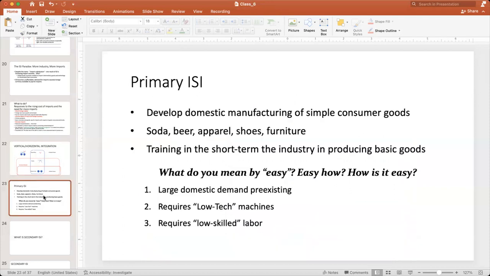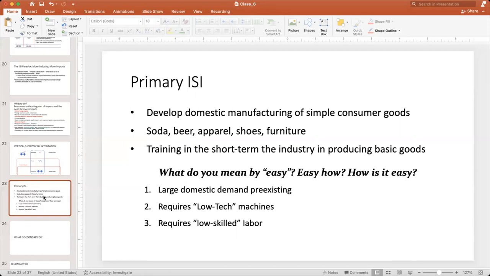So this is primary ISI: develop domestic manufacturing of simple goods, such as soda, beer, apparel, shoes, furniture, bicycle tires. Training your industry in the short term to produce basic goods, to in the long run be able to produce everything.